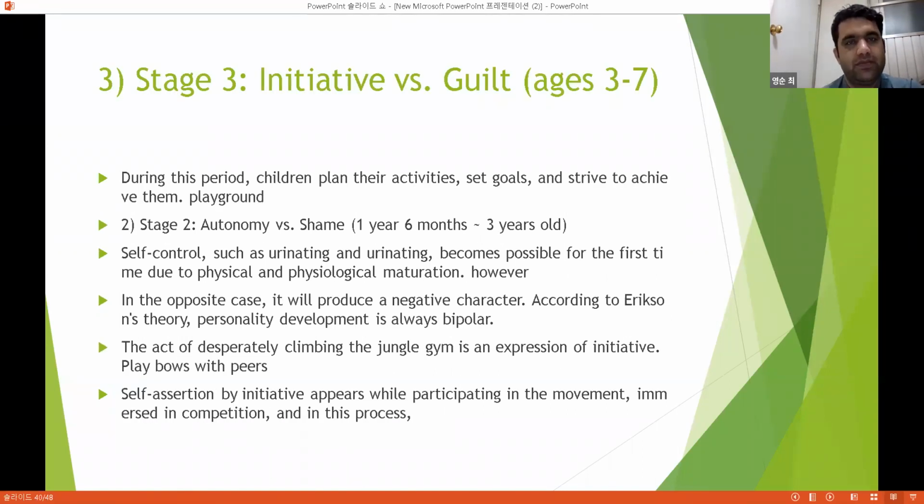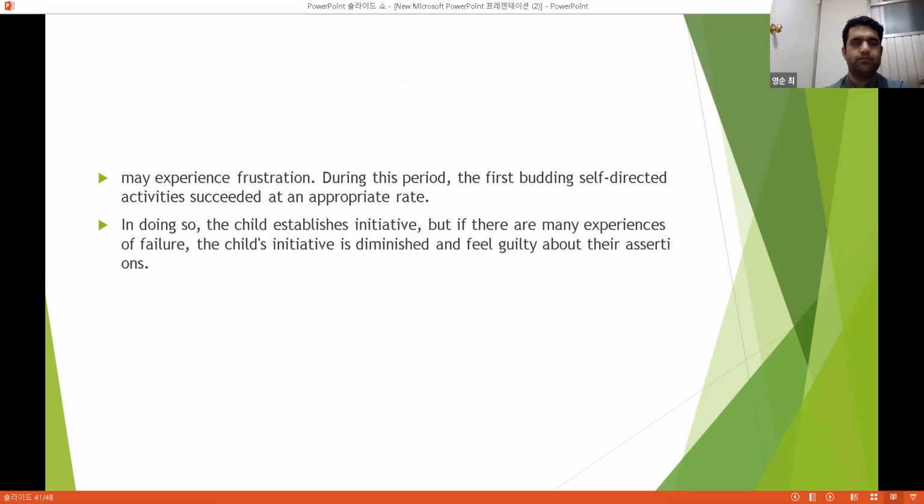Stage number 3, initiative versus guilt, which starts from the 3rd year to the 7th year. During this period, children plan their activities, set their goals, and strive to achieve them, like playing on a playground. As with stage number 2, in the opposite case it will produce a negative character, as said before. And this is the act of desperately climbing the jungle gym, as we discussed before.